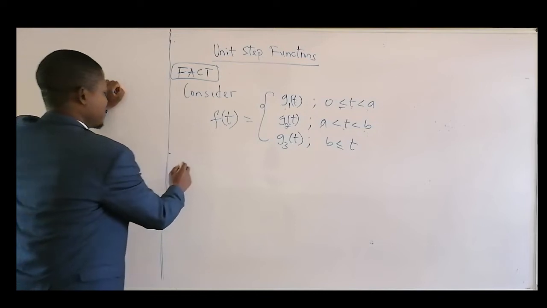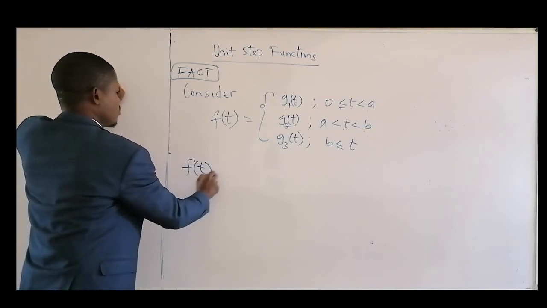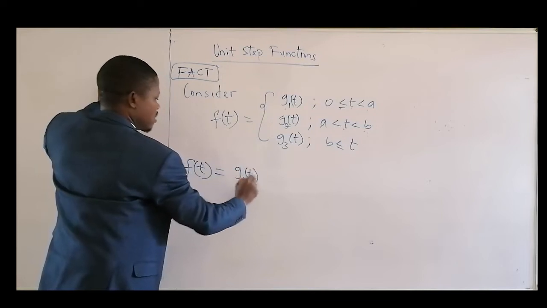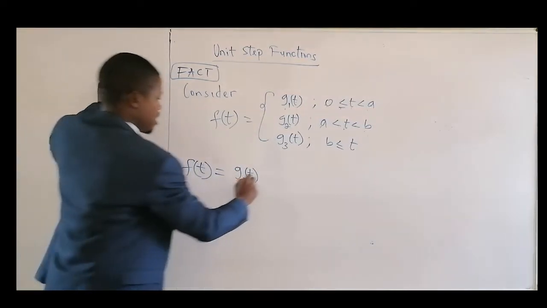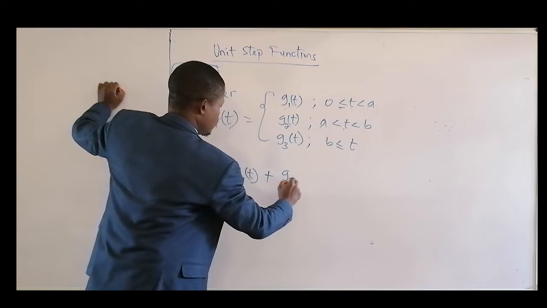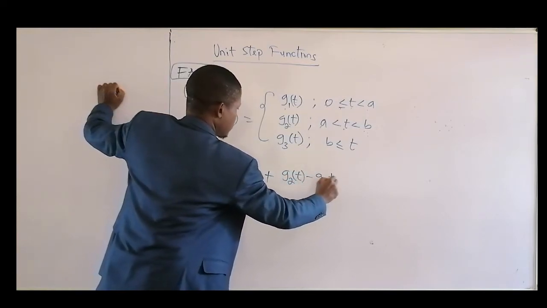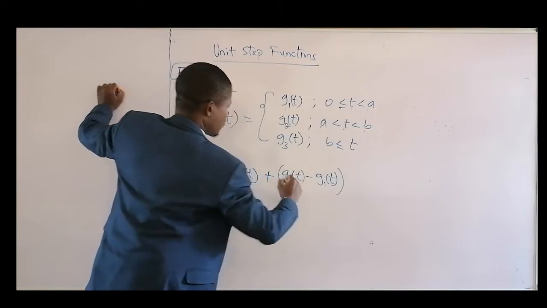If we want to get f of t now, f of t will be equal to g1, plus g2 of t minus g1 of t, close that.